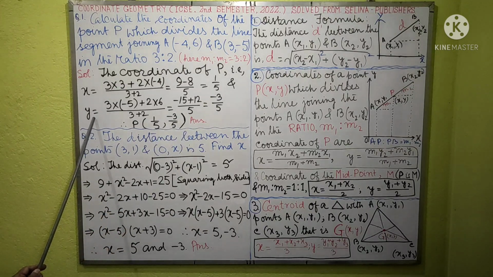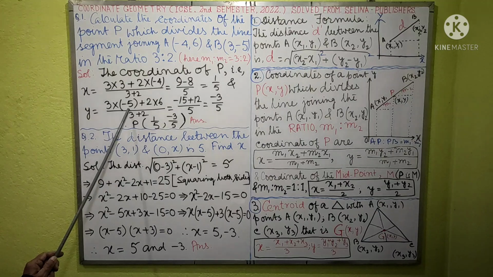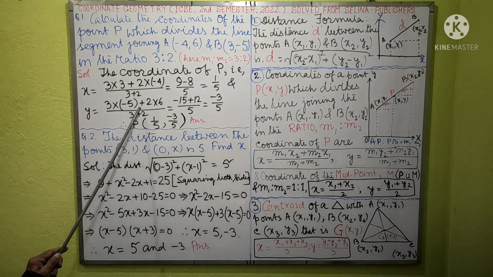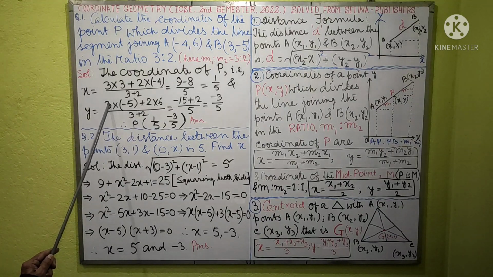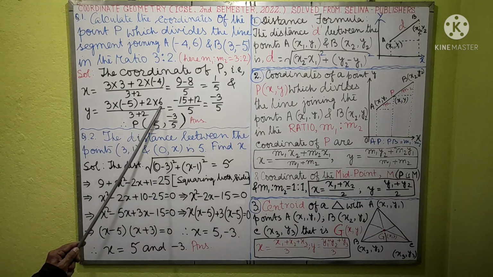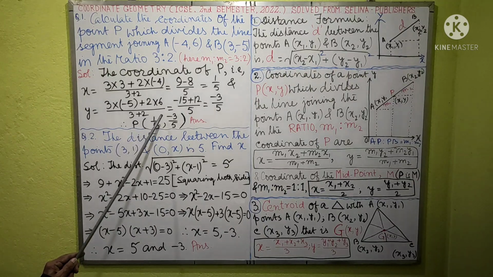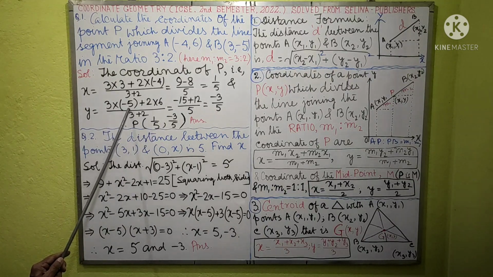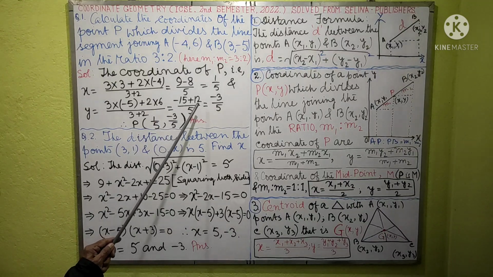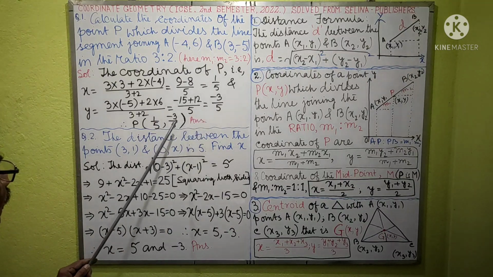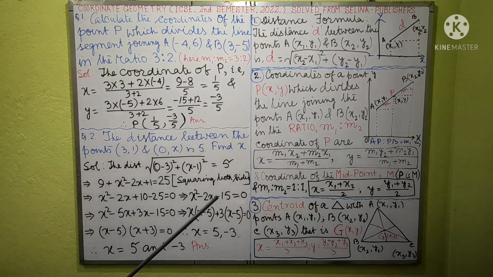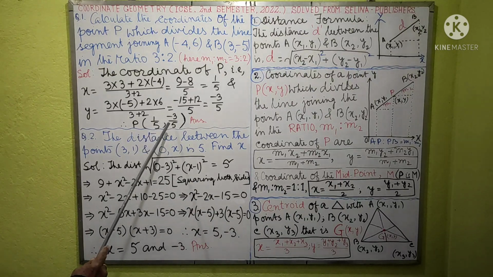And the coordinate y equal to m1 y2 plus m2 y1, where y1 is 6, by m1 plus m2, that is 3 plus 2, which is (3 into minus 5, that is minus 15, plus 12) equal to minus 3 by 5. Therefore, the coordinate of P is (1 by 5, minus 3 by 5).